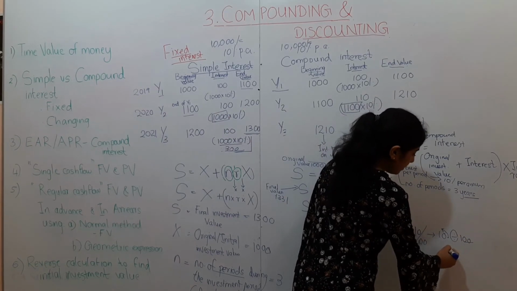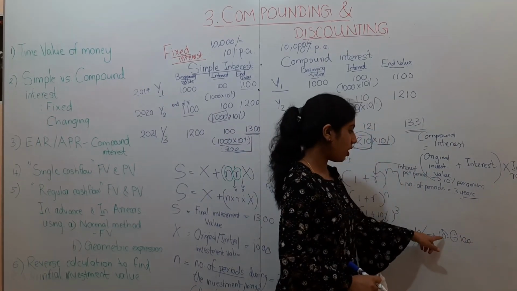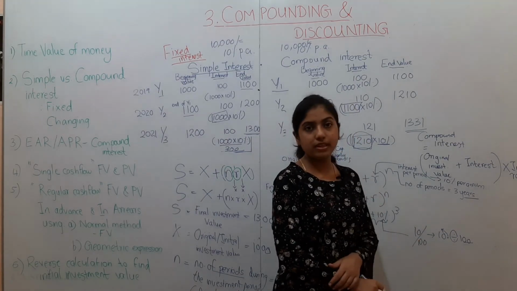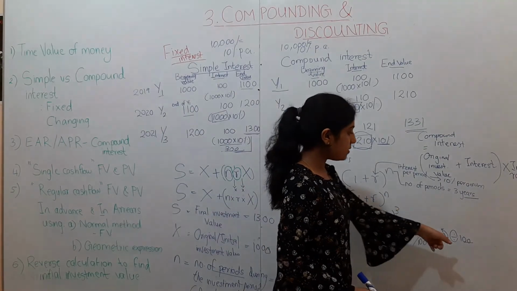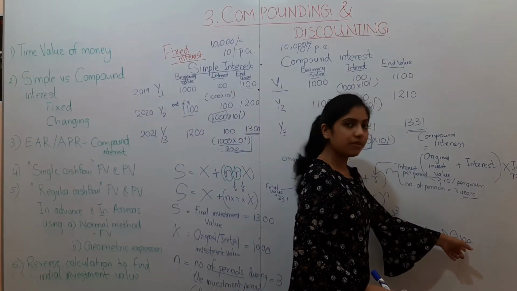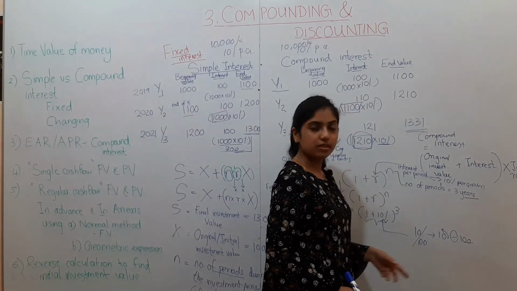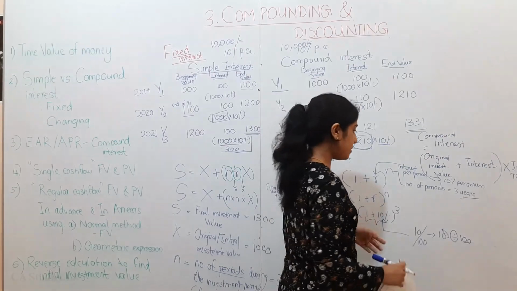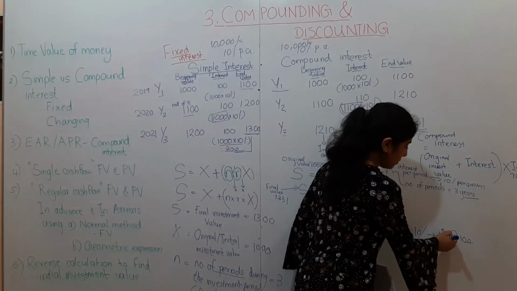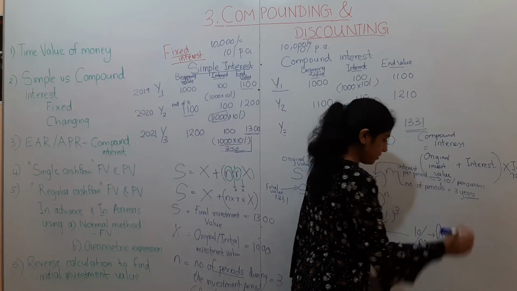We have to see how many zeros the denominator has. The denominator has 2 zeros, so we move the decimal place 2 places.